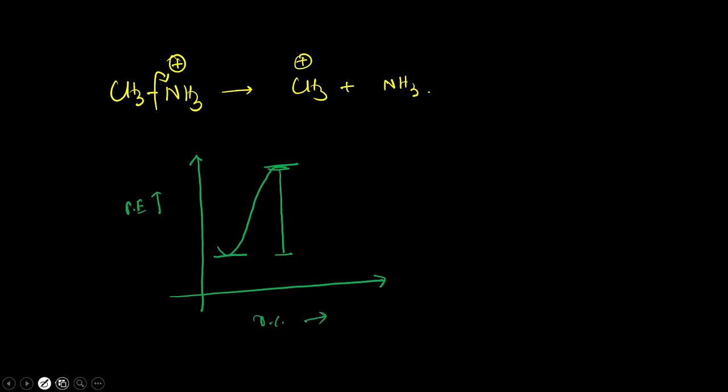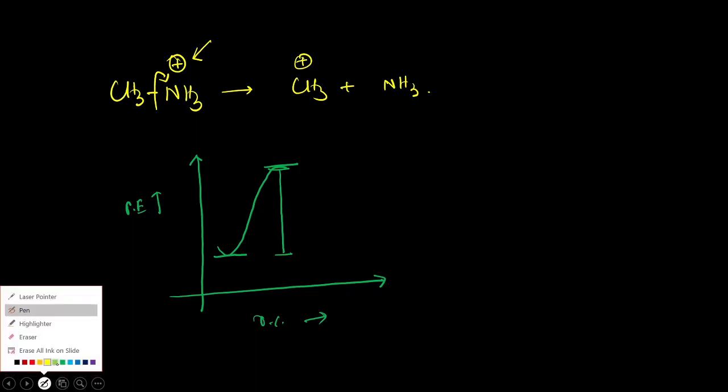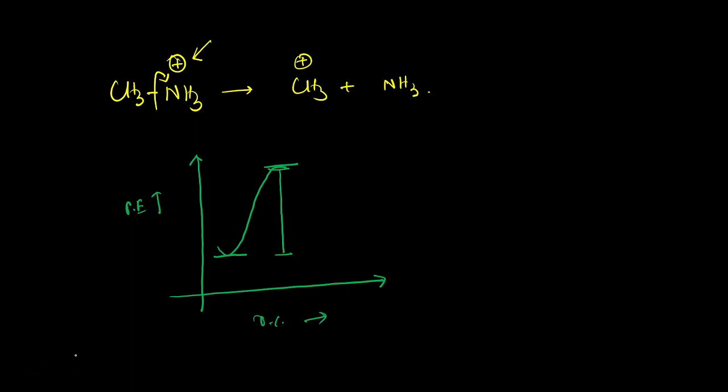Here we have positive charge over nitrogen and here we have positive charge over carbon. Positive charge over nitrogen is much more destabilizing, because nitrogen is more electronegative in nature. So if we put positive charge over nitrogen, it will not stabilize the situation.